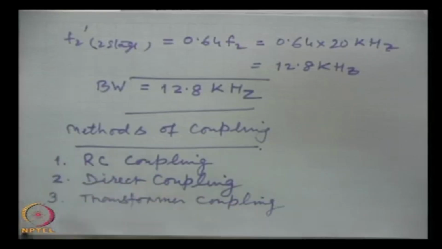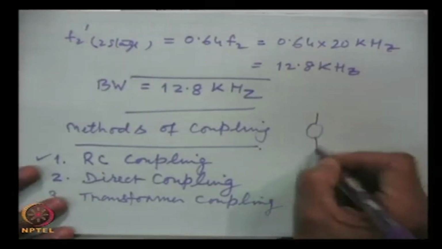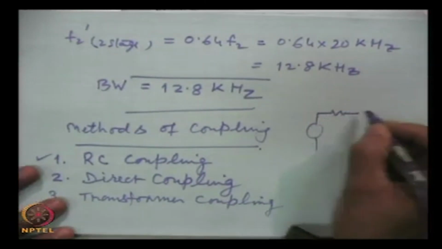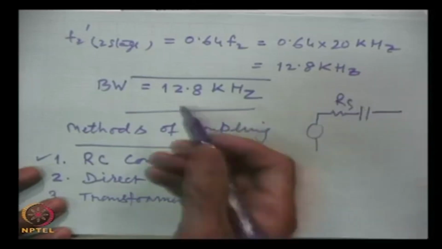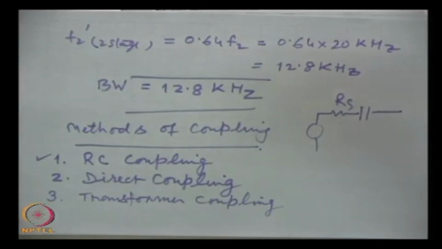We discuss one by one. RC coupled, this is what we have been discussing, the lower cutoff, upper cutoff we have said, and that was the RC coupled amplifier, when we take a source here with source resistance RS, and this was the capacitor, and we have derived the expressions also for it, that was RC coupling.